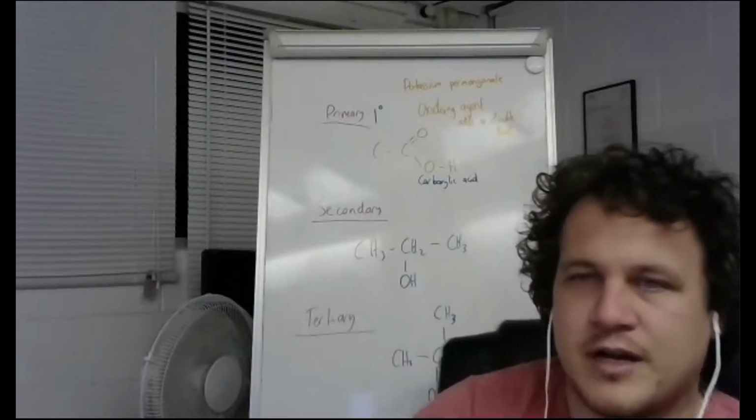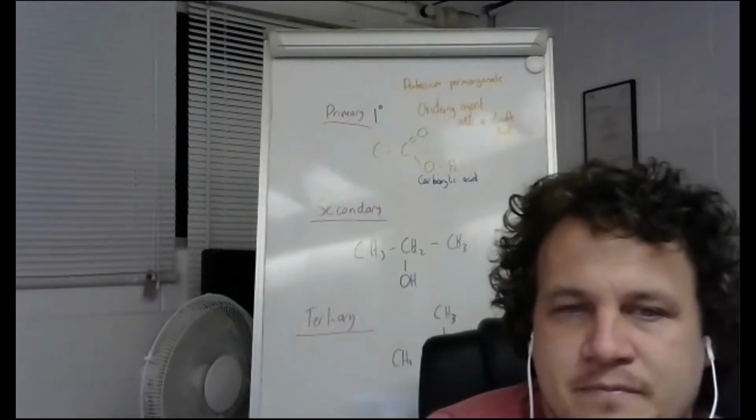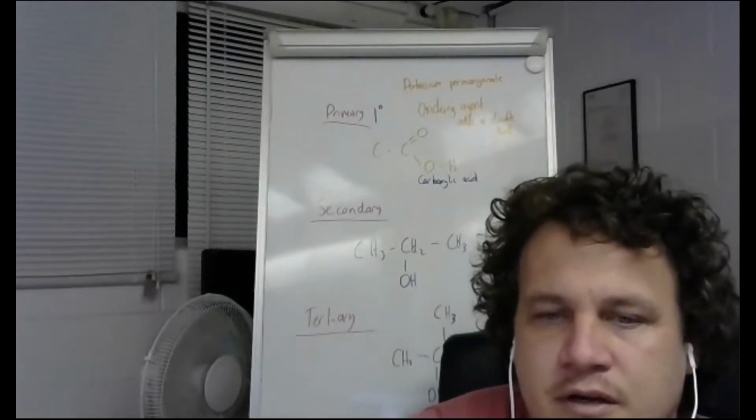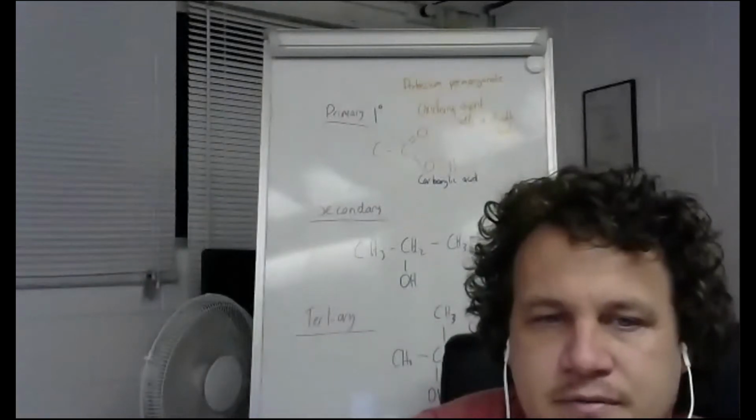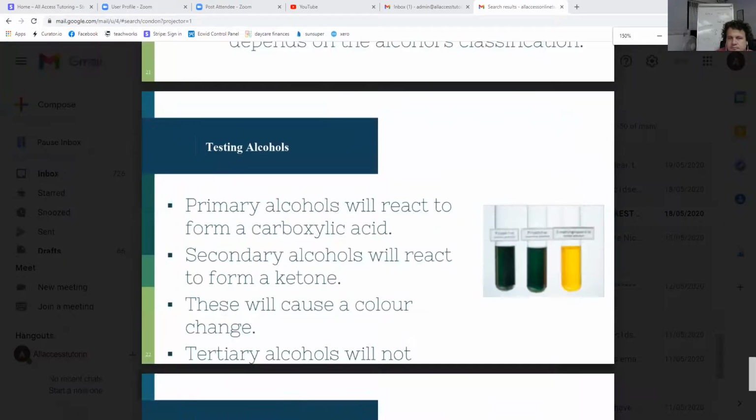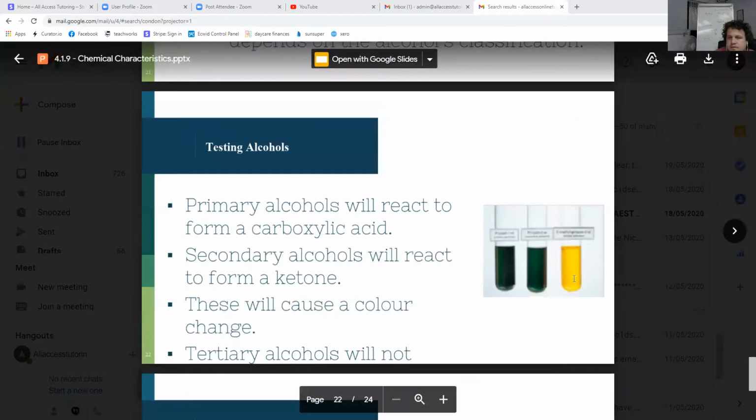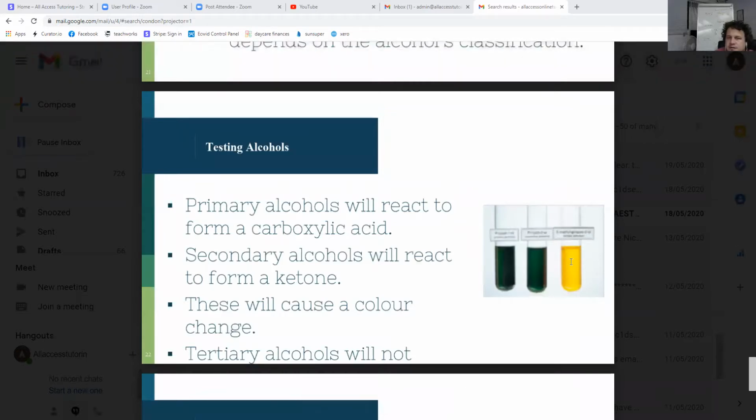Or it goes from, I'll show you a picture, yellow to green. So it starts as yellow, and primary alcohols will form carboxylic acid.